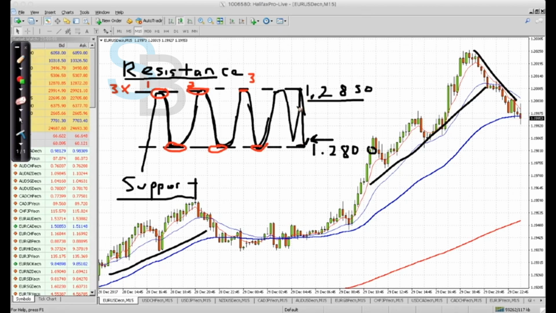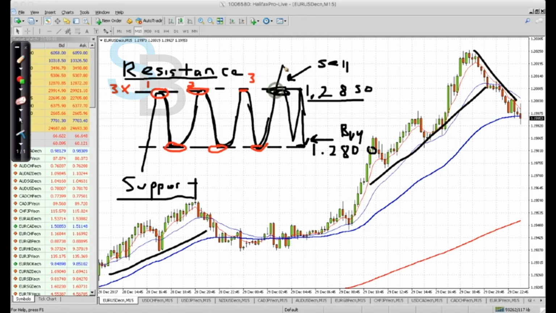Similarly, when a price goes up and hits a resistance, we want to be a seller at that level. So we're going to sell at resistance, we're going to buy at support. And this is especially so for the strategy on trade the range, which is one of the strategies you learn in this course.